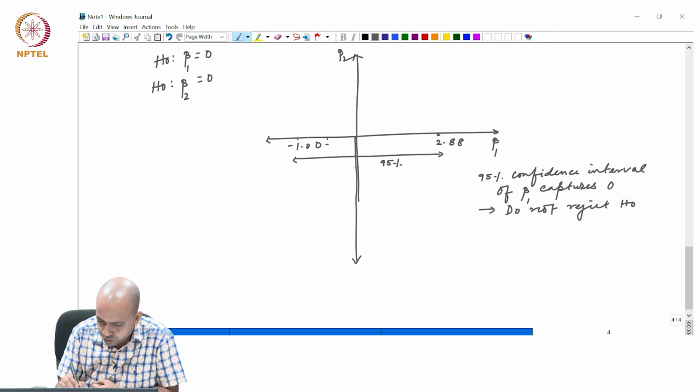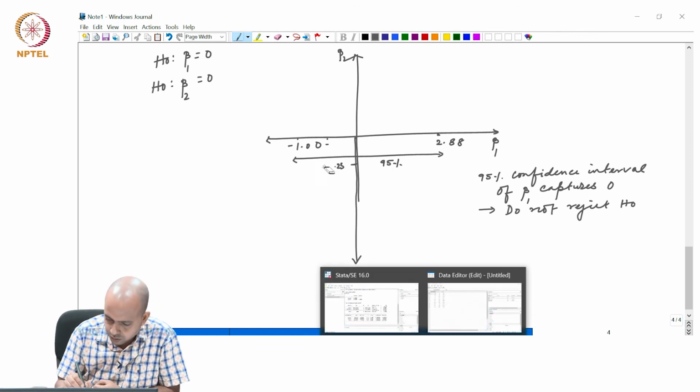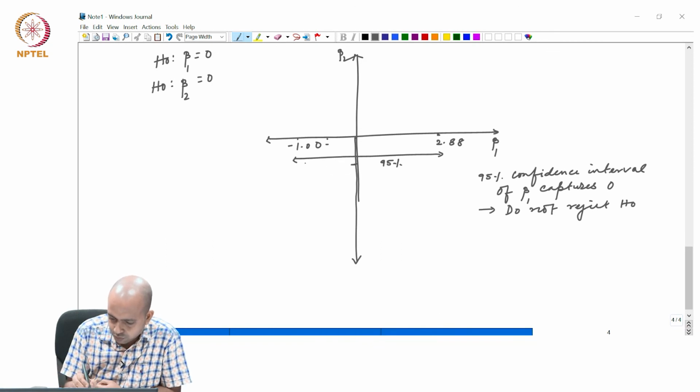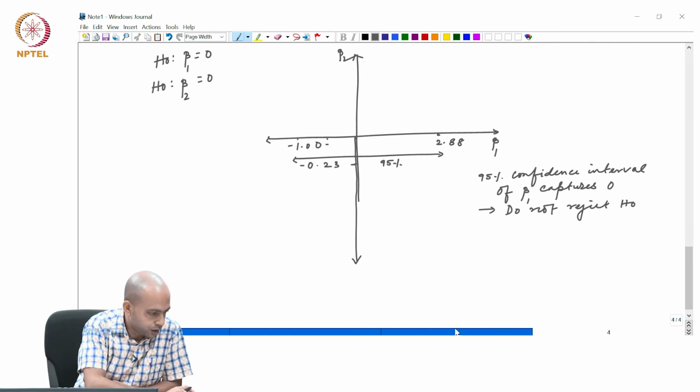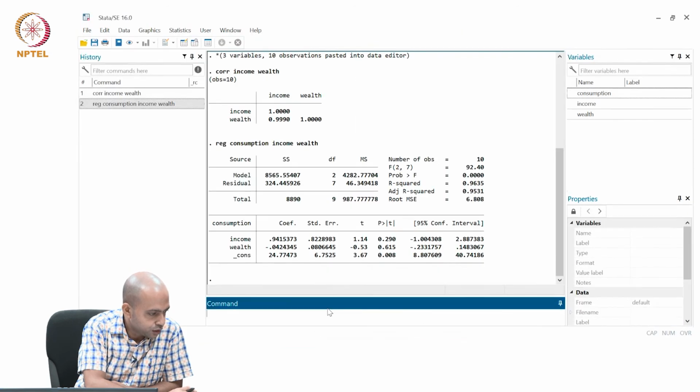Let us say this is minus 0.23 and this is 0.14.